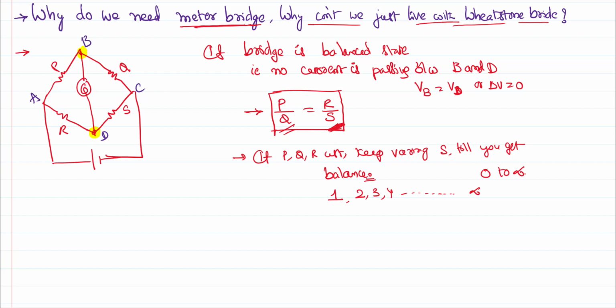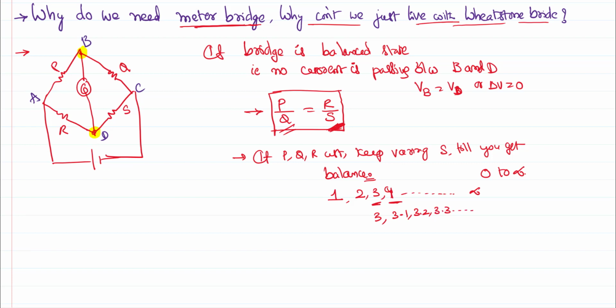Even if you are able to get it, say you have tested with 3, then moved to 4, but the balance may be somewhere in between 3 and 4, so you have missed it altogether. So not to miss it, after 3 ohms you have to put 3.1 ohms, 3.2 ohms, 3.3 ohms.